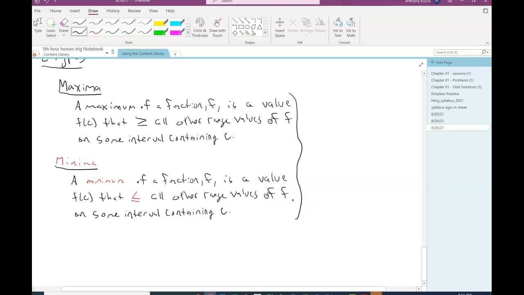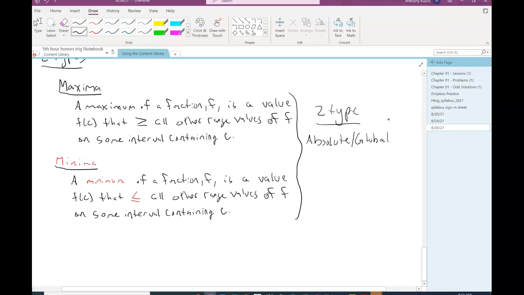Now, there are 2 types of maximums and there's 2 types of minimums. So you have absolute or global. We use those 2 terms interchangeably, maximums and minimums.